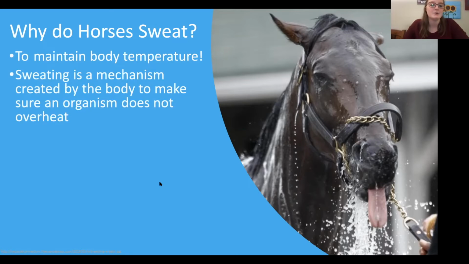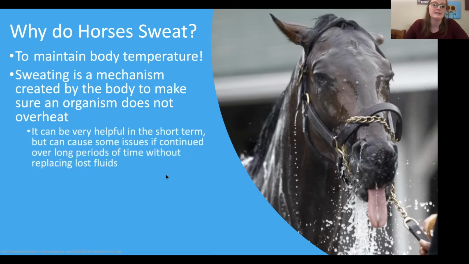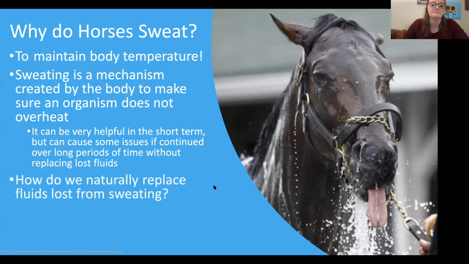Sweating is a mechanism created by the body to make sure that you as an organism, or the horse as an organism, does not overheat. It can be helpful in the short term, but if the horse works all day and keeps sweating and doesn't get to replace its fluids, then it can be a pretty dangerous situation.